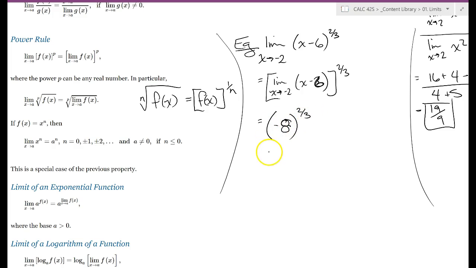Well, -8 is the perfect cube of -2. -2 squared is 4, and so that would be my final answer. So that's how we apply the power rule. So again, it doesn't matter if there's a denominator, it doesn't matter if it's in radical form. If you want to rewrite the radical as an exponent with a rational exponent, you're more than welcome to, but it applies in both of these circumstances.